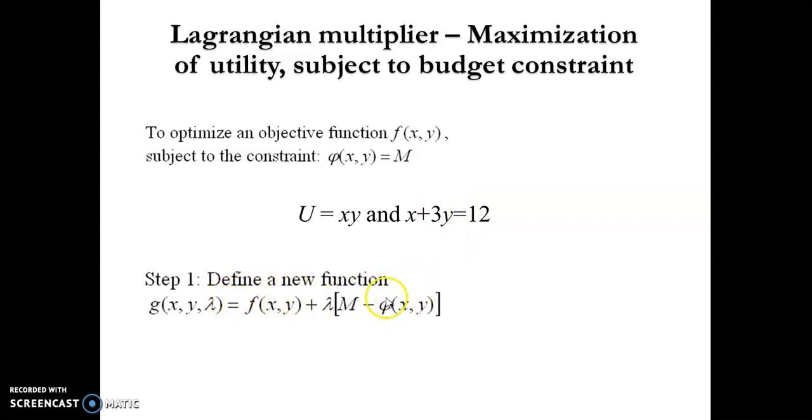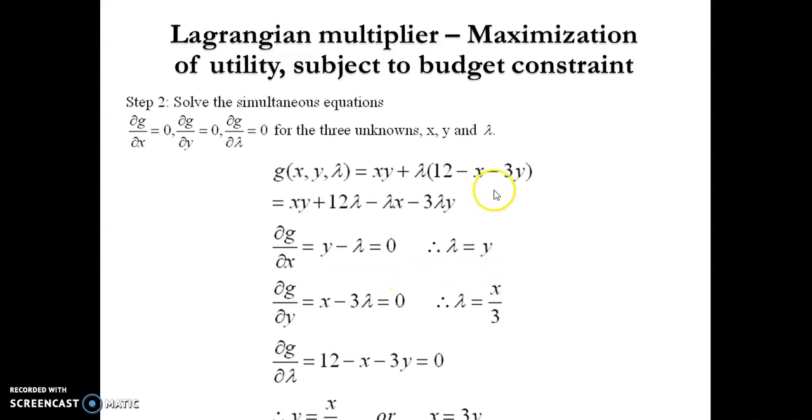So that is the first step in terms of defining the new function: rearranging your constraint, then multiplying it by the scalar lambda and adding that to your objective function. So let's have a look. There we have our new function. Our Lagrangian function here, g, is now a function of x, y, and lambda, and is equal to our objective function, utility, which was just equal to xy, plus lambda times the rearranged constraint, 12 minus x minus 3y.